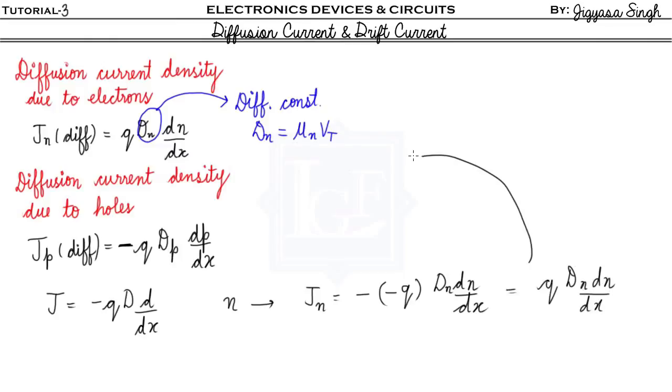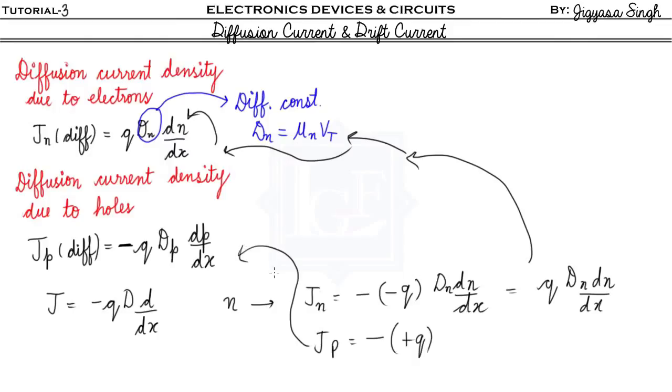See, now similarly, what will happen? Look at my arrows. Yes, so similarly, what will happen for Jp? We'll write this, but the charge will be plus q, which will give us the minus expression. Is that clear now?